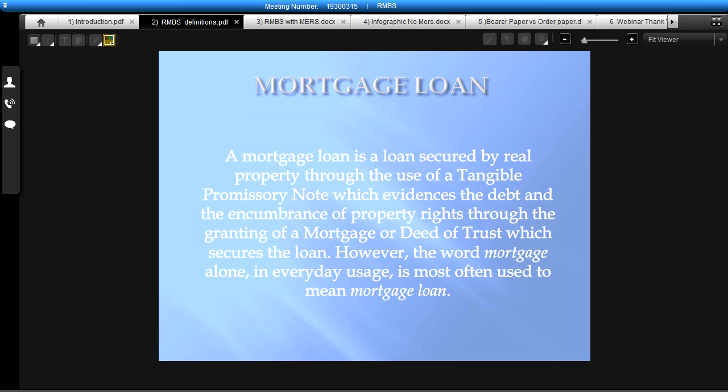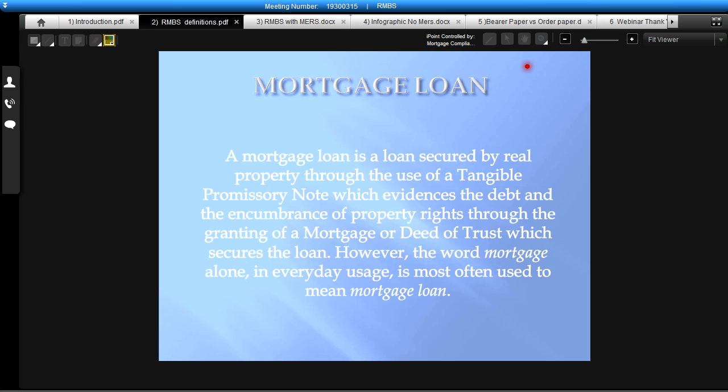One, a mortgage loan. A mortgage loan is secured by real property through the use of a tangible promissory note, which evidences the debt and the encumbrance of property rights through the granting of a mortgage or deed of trust, which secures the loan.